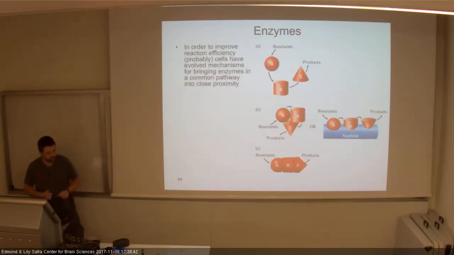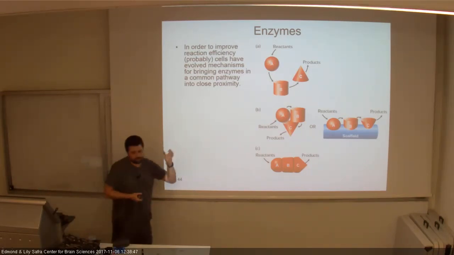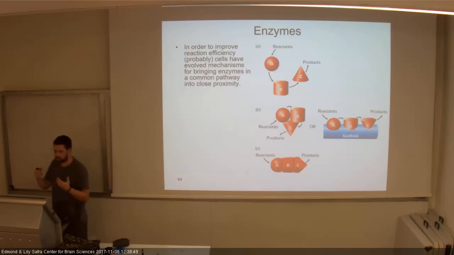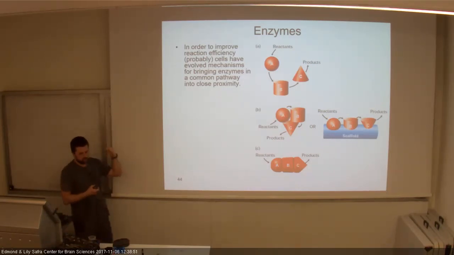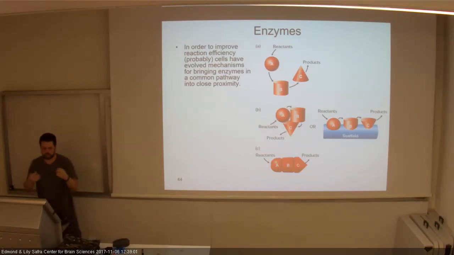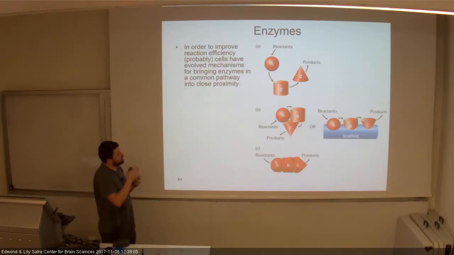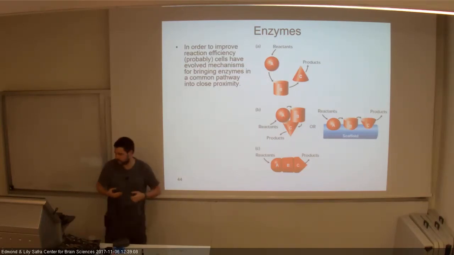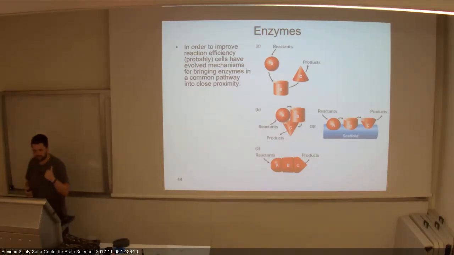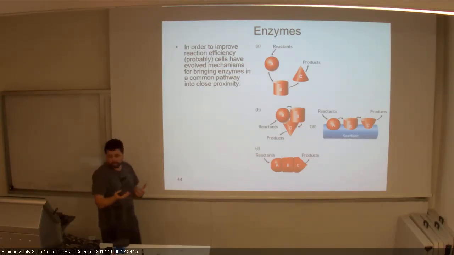So, a lot of times, because in the cell we have enzymes, we see reactions that are ordered one after the other. You can think about it like a factory, where each machine uses the products of the reaction that came before as reactants for the next reaction.